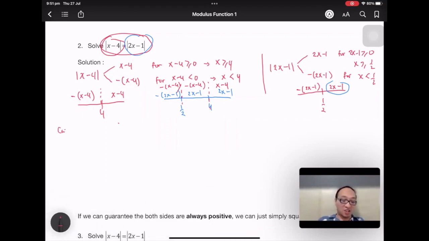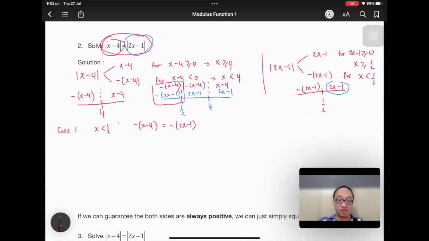So for case 1, for x smaller than half, we have this. Negative x minus 4 is equal to negative 2x minus 1.